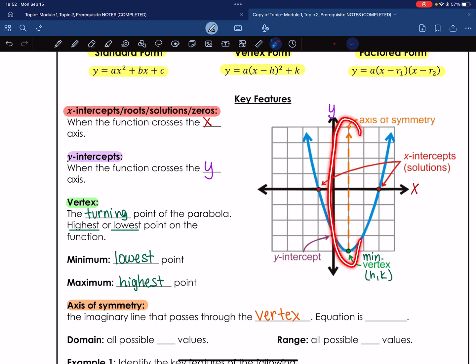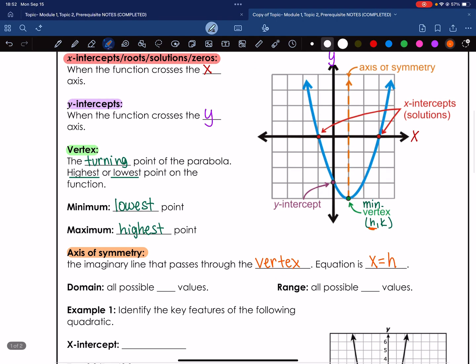It is not part of the graph, but it is a line that cuts through the vertex. And notice when it cuts through the vertex, everything on this side lines up with everything on this side. The equation for the axis of symmetry is x equals the x value of the vertex, which is h. It always has to have an x equals, so make sure you write that.